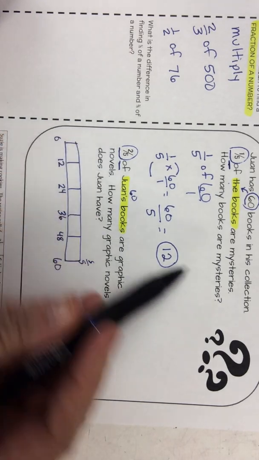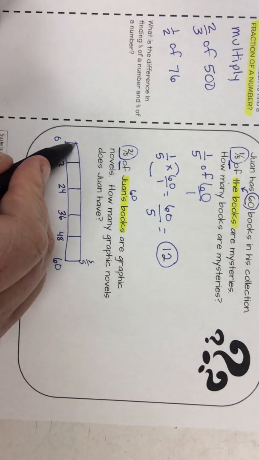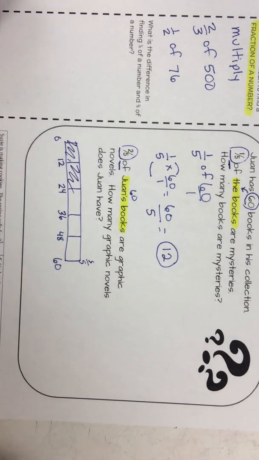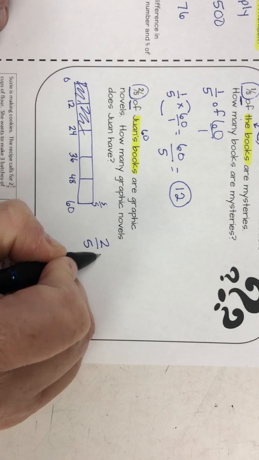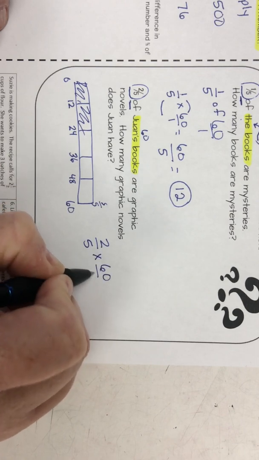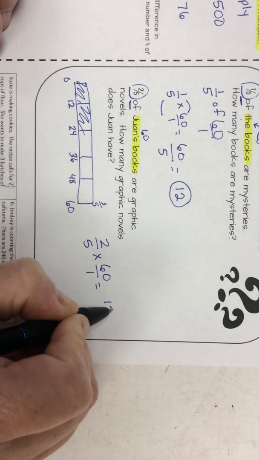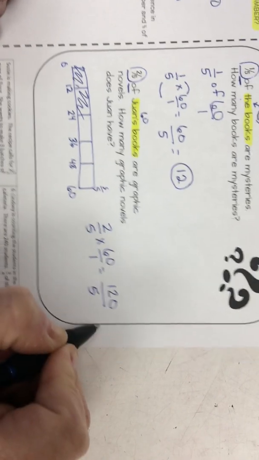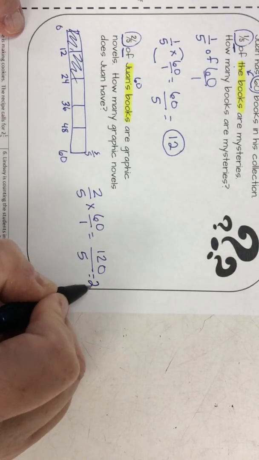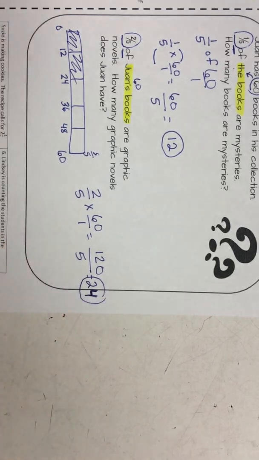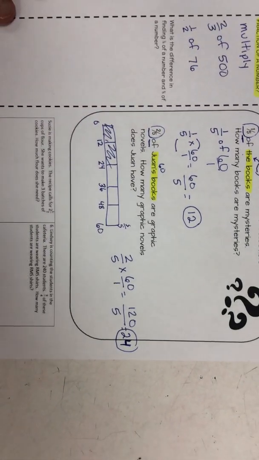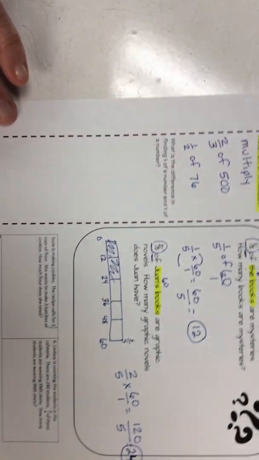You could go through and break it down. If you know 1/5, you could double it and get what 2/5 equals, right? Or you could say 2/5 of, so that's times 60 over 1. So that's 120 divided by 5, which will give me 24. Okay, there are a couple of ways of looking at that. But if you can figure out what 1/5 is, then you can get to 2/5.